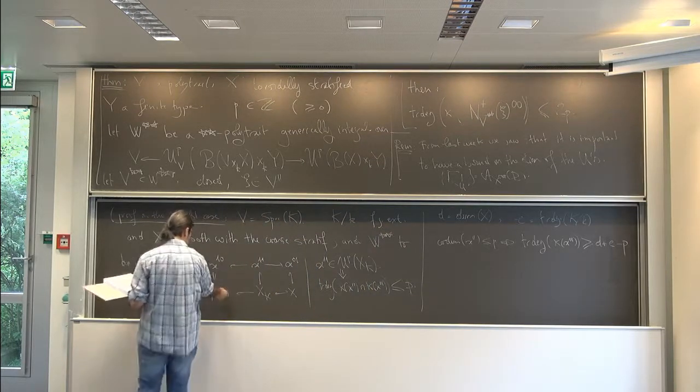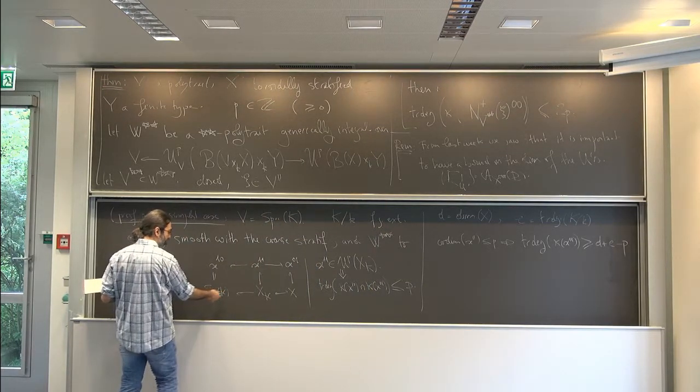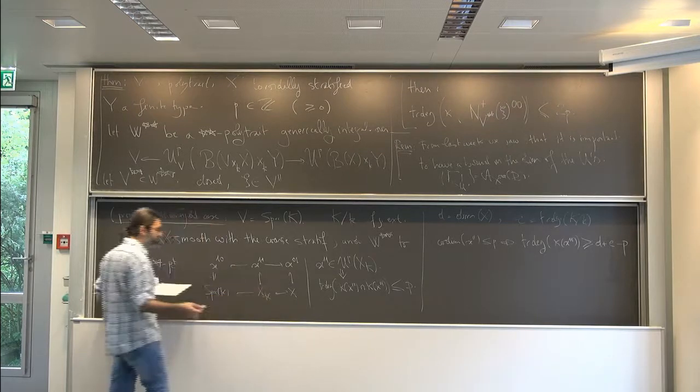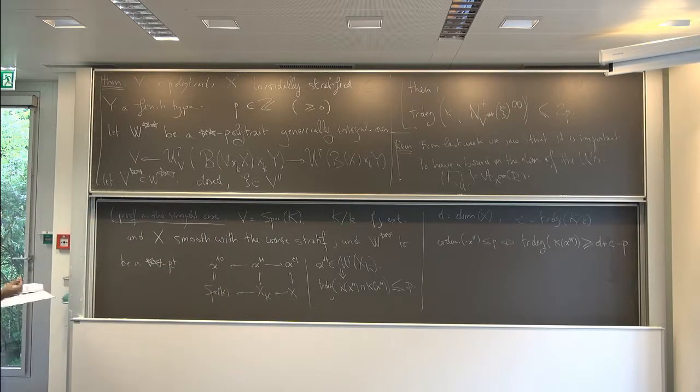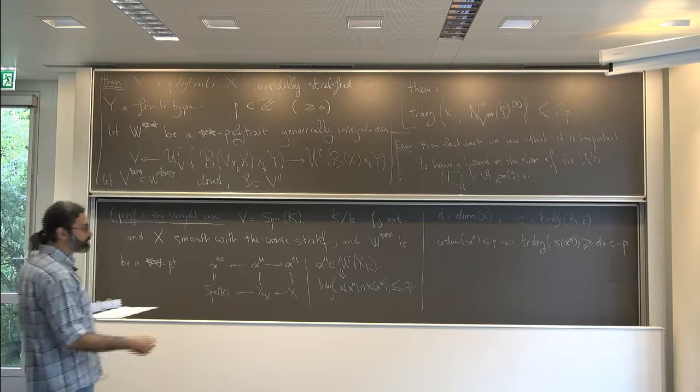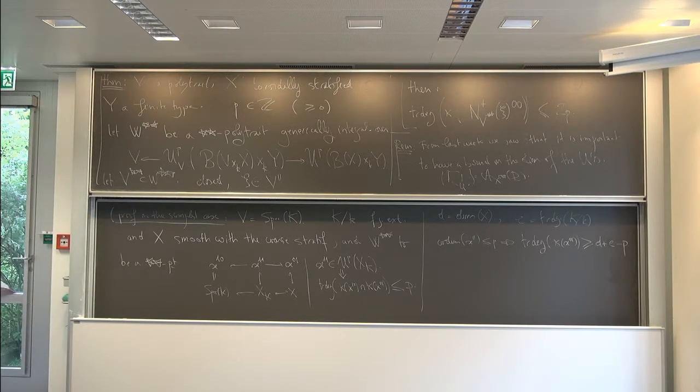I mean, this is like a scheme of dimension e. So XK is like a scheme of dimension d plus e, and I'm taking a point of codimension p. So this point has transcendence degree larger than d plus e minus p. Okay.